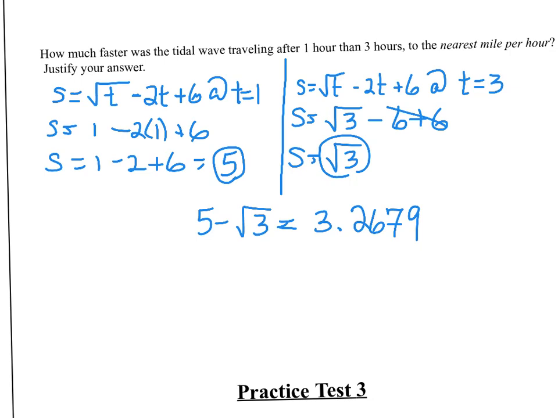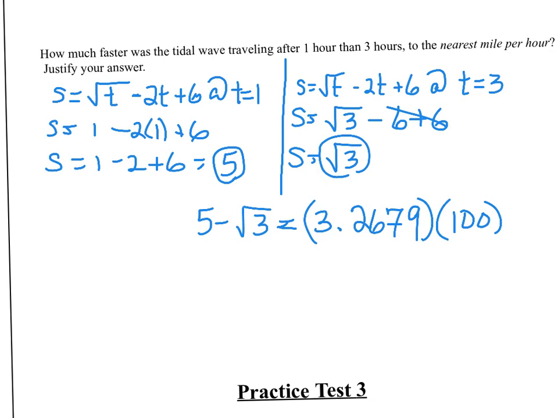However, go up and read the top of the page. Number 37, the very first sentence. Read it. It says the speed of a tidal wave s, here we go, in hundreds of miles per hour. So this answer right here represents hundreds of miles per hour. So what I need to then do is take that value and multiply it by 100.